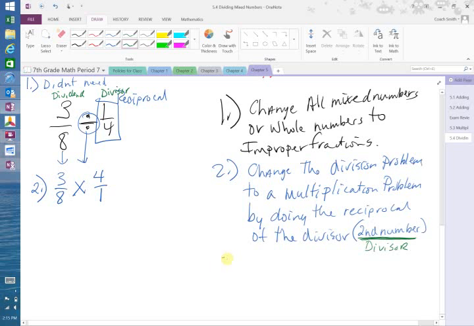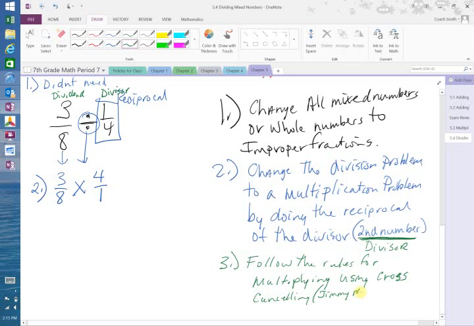Okay? Step 3. Follow the rules for multiplying using cross-canceling, parentheses, Jimmy Neutron, before multiplying.